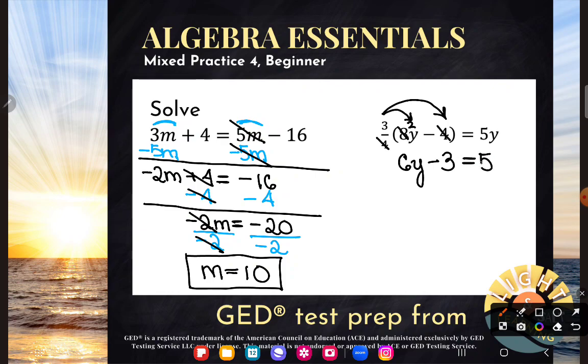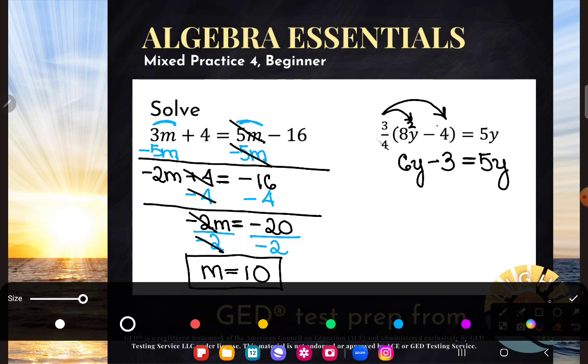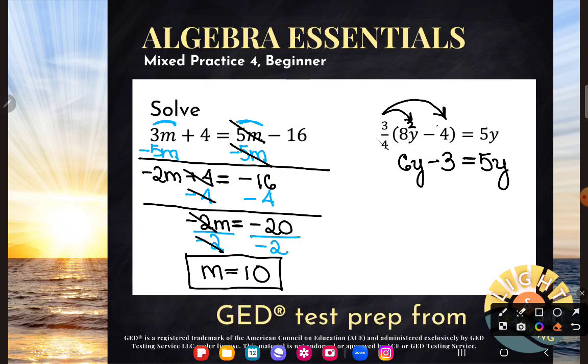And on the right-hand side, 5y. And again, if you don't have that skill of multiplying fractions down, that's fine. You can just do the 3/4 times 8 and then the 3/4 times negative 4 in your calculator. All right, so I simplified the left and right-hand side. There's no more simplifying I can do. It's time to start solving.